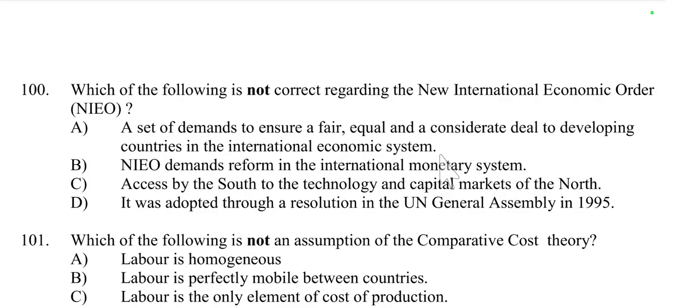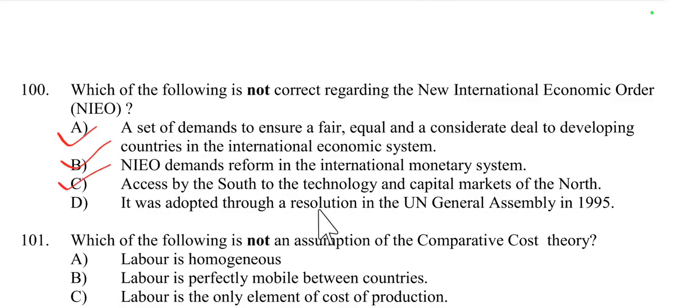This is right. Then the second one, the New International Economic Order demands reform in the international monetary system. Yes, this is also right. Then access by South to the technology and capital markets of the North. Yes, this is also right.